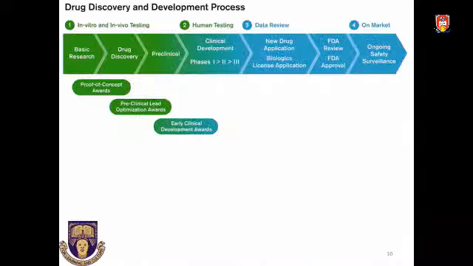And so, on the next slide, you will see that all of what we do in basic research takes a lot of time. In fact, you could have more than 5,000 compounds, and in some cases, none will make it through the process.